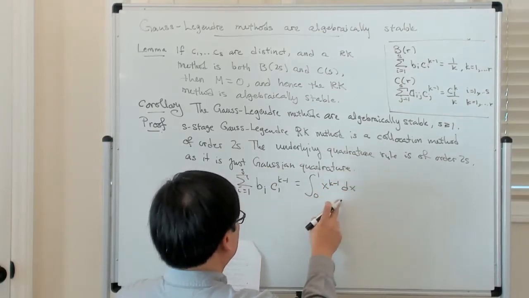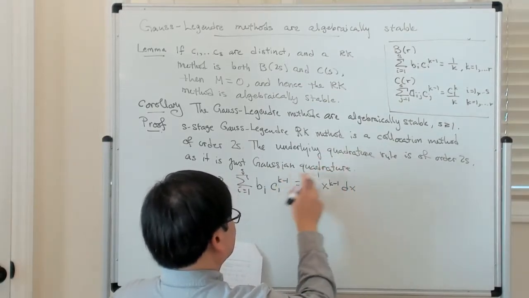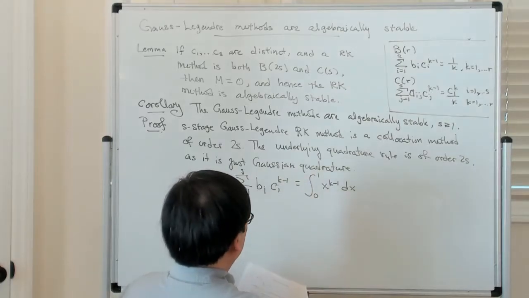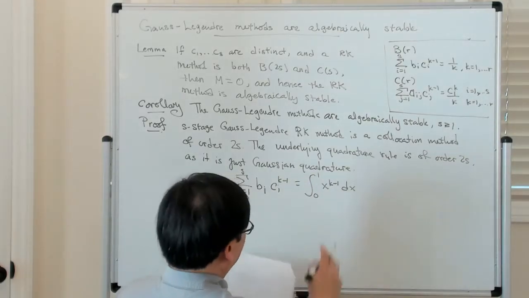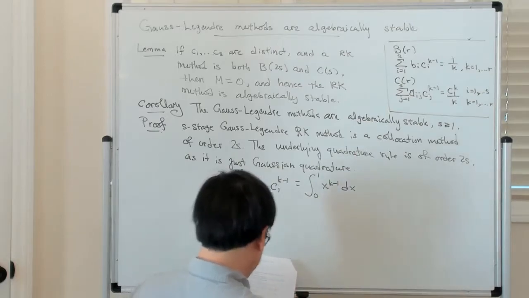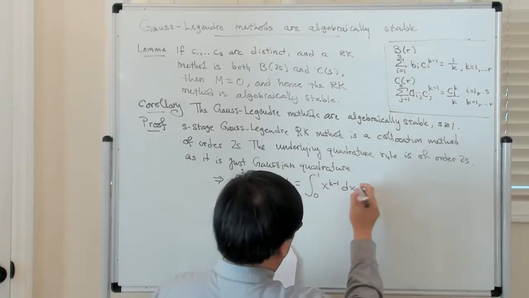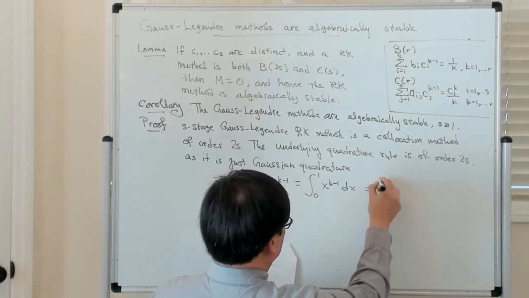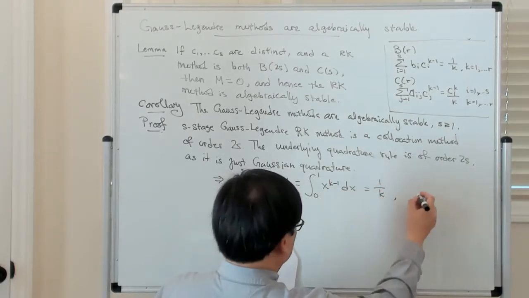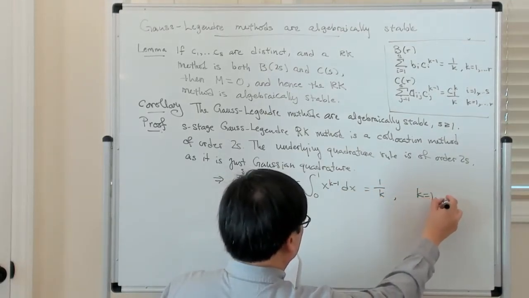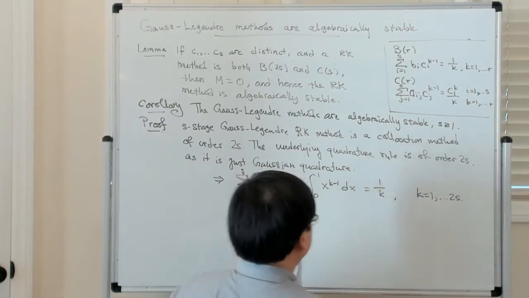Going from here to here invokes the fact that the Gaussian quadrature rule is exact for all polynomials up to degree 2s minus 1. That definite integral is nothing more than 1 over k, and this has to be true for k equals 1 all the way up to 2s.